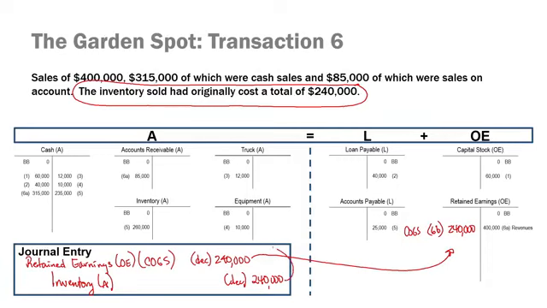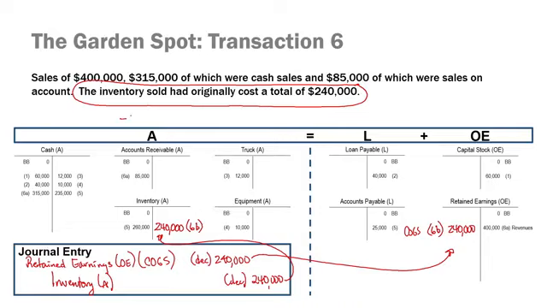Let's record the reduction in inventory as the right side entry to the inventory T account. We'll put a notation that that is transaction 6, part B. Let's make sure that assets continues to be equal to liabilities plus owner's equity.